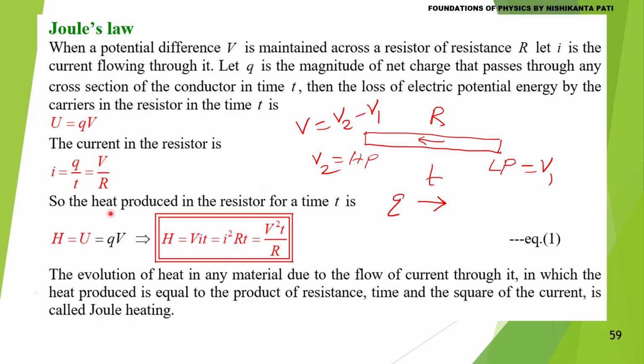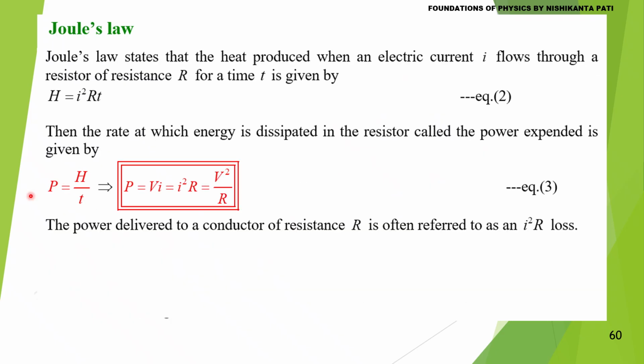So the heat produced in the conductor is H equal to the loss of potential energy. Since I is this much, this H is VIt, I square Rt, V square t by R. This I square Rt is called Joule's law.